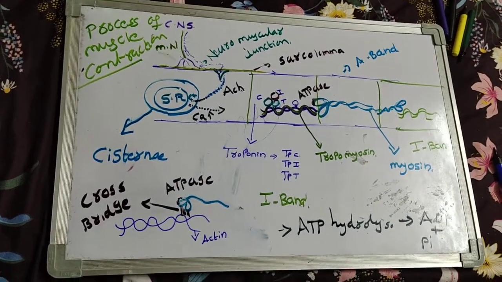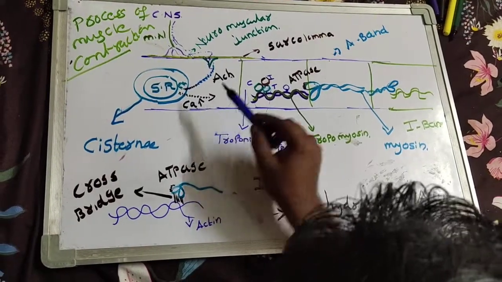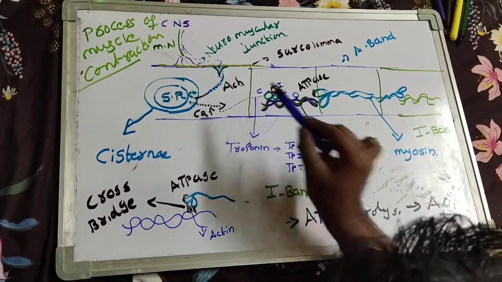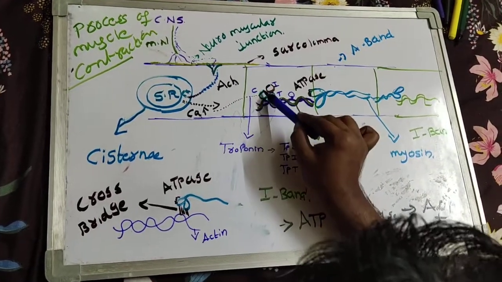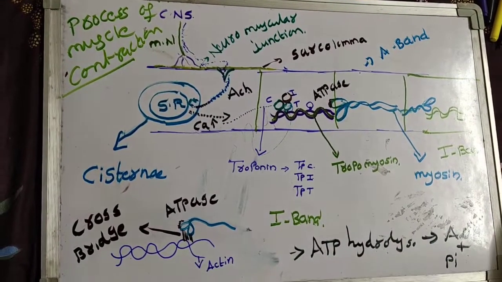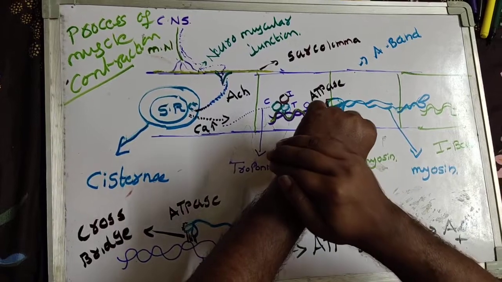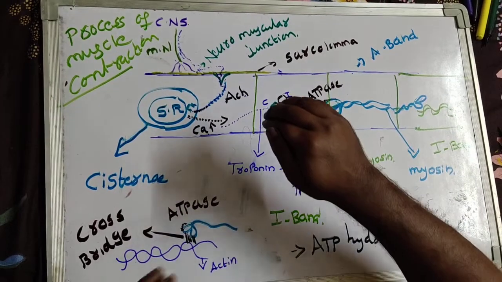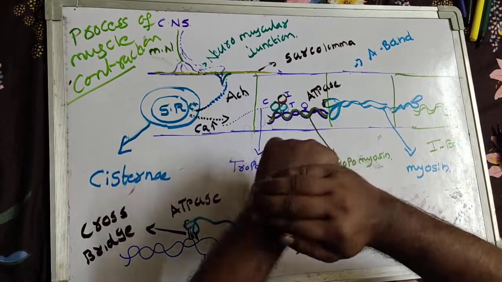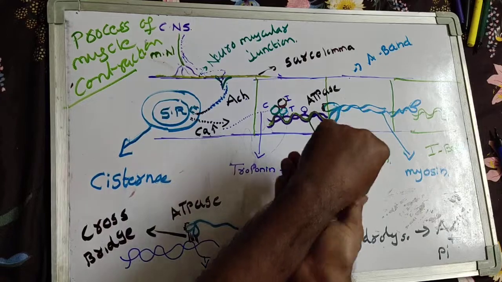Okay. Now first, what will happen? The calcium binds to troponin. Now the troponin is called troponin C. After that, what will happen? Now this is the active site, this is troponin I. The troponin C touches the troponin I. At that time troponin I changes position.